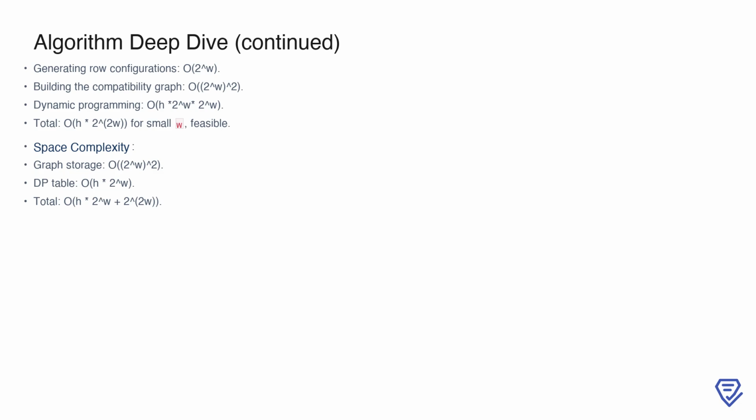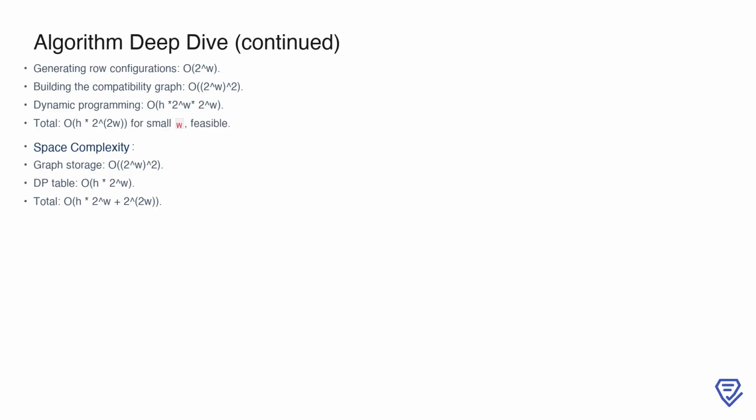The dynamic programming step involves computing transitions for each height h and pair of compatible configurations, leading to a complexity of O(h * 2^W * 2^W). Overall, the total time complexity is O(h * 2^(2W)), which is feasible for small values of W.